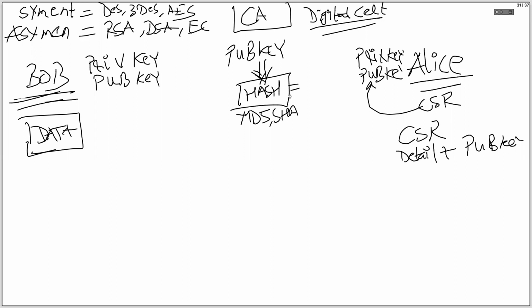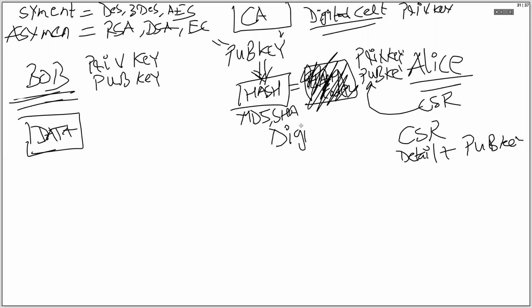A hash code, a fingerprint. So what does the CA do with that hash code? Because it's the hash of that public key, he takes his private key and he encrypts it. What is this called? This is called a digital signature.